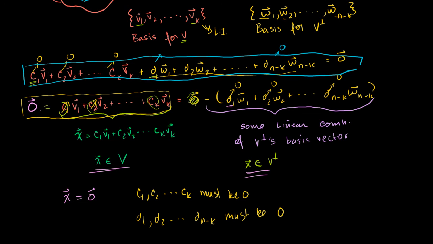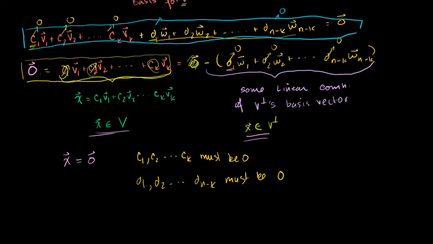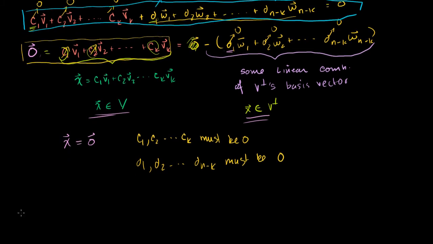That implies that if I were to take the set of v1, v2, all the way to vk, and augment that with the basis vectors of v perp, which are, in a different color, w1, w2, all the way to w(n minus k), that this is a linearly independent set.